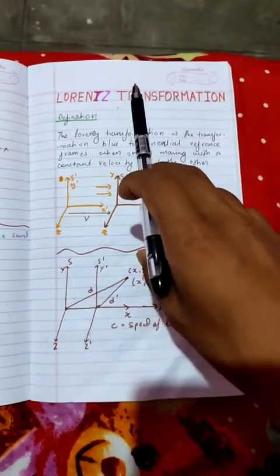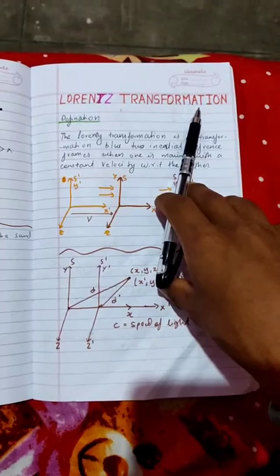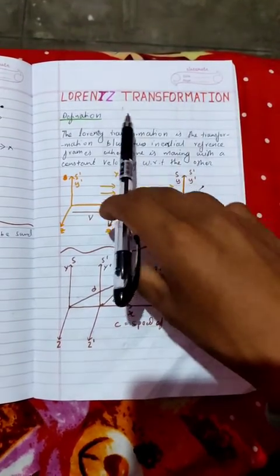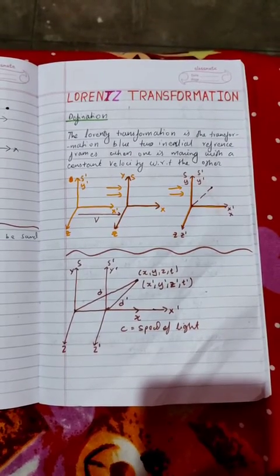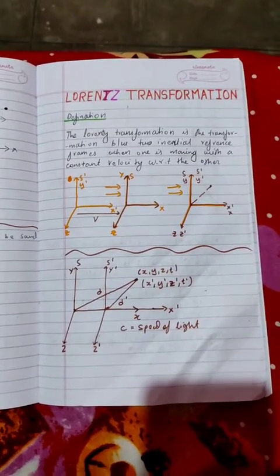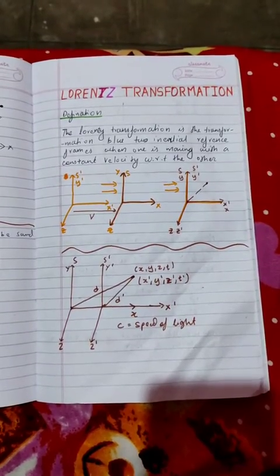Before going to the definition of Lorentz transformation, I'd like to give a short description. It is the foundational stone of Albert Einstein's special theory of relativity.